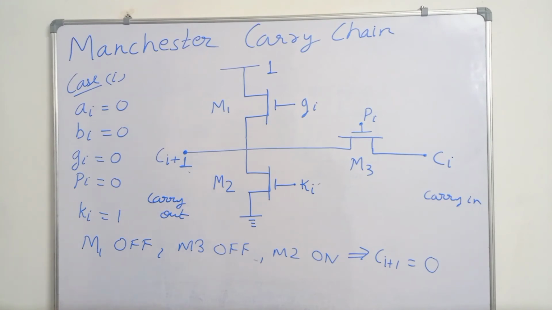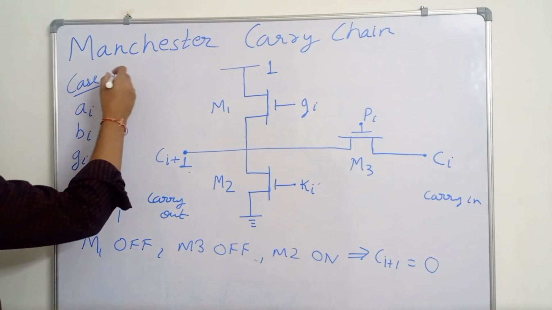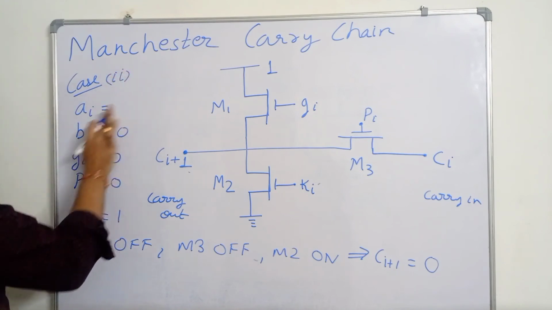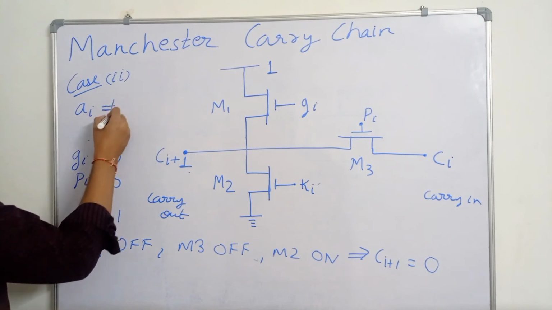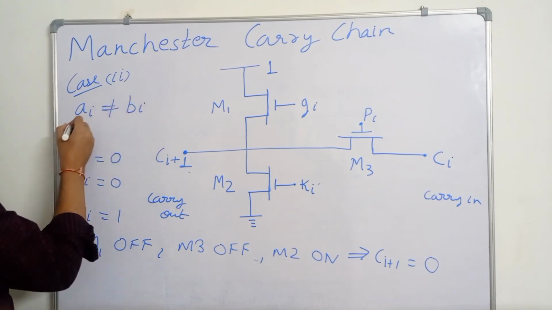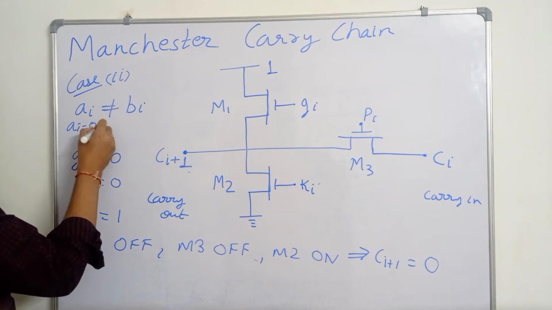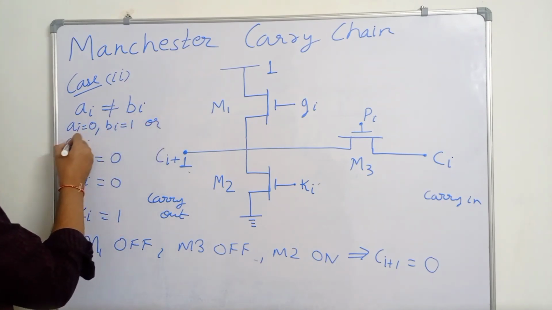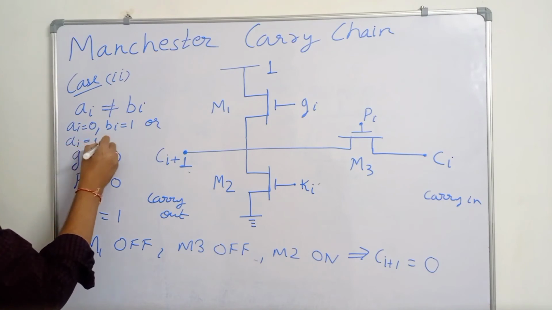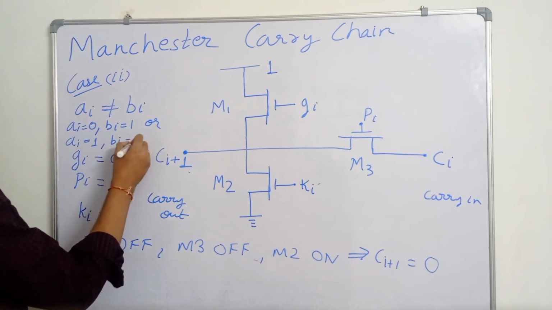Now let's look at the second case. In the second case, ai is not equal to bi. So ai is 0 and bi is 1, or ai equal to 1 and bi equal to 0.